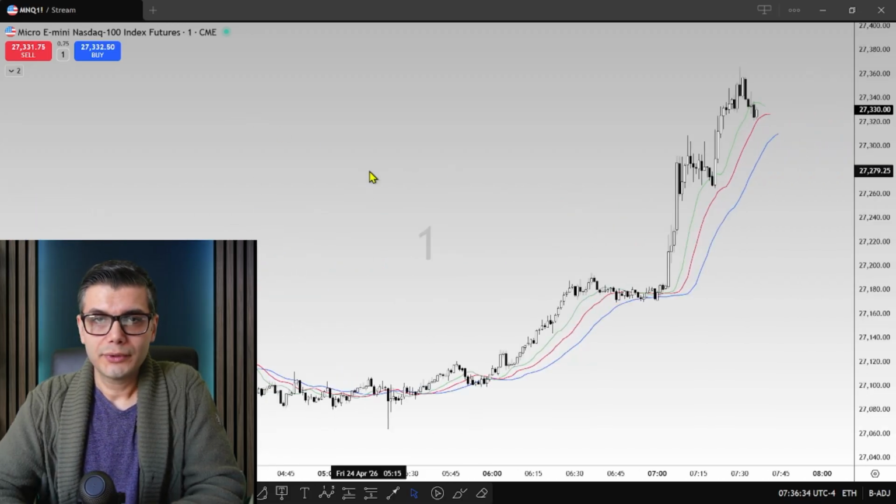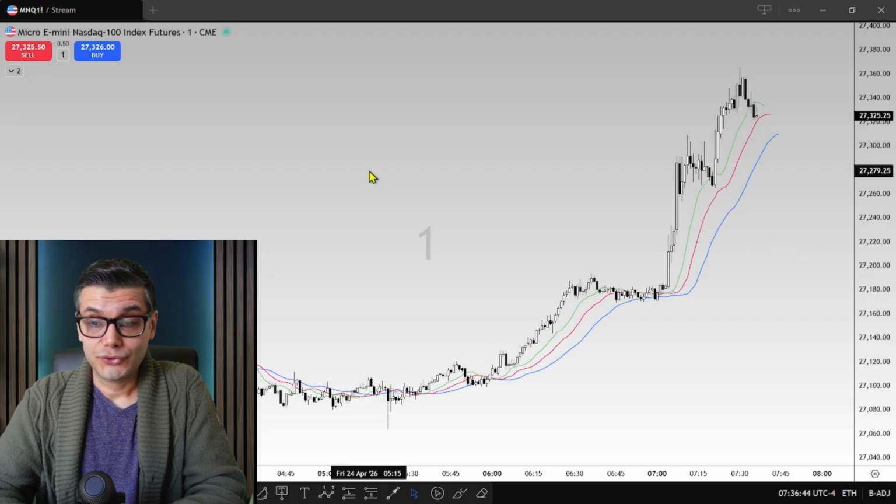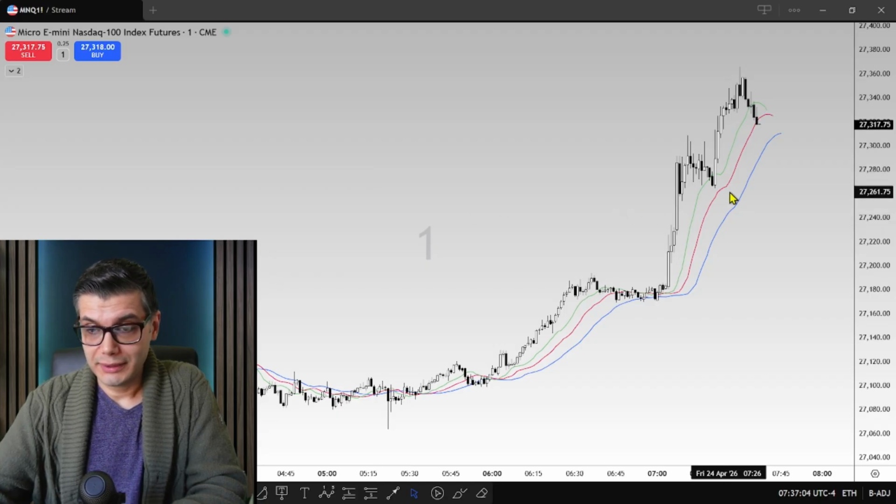For a reversal, we are required to record the last time the price touched any of these lines. Also, we have to mark the last time Alligator actually made a crossover. So here we can see we do have a cluster right in this portion of the chart.